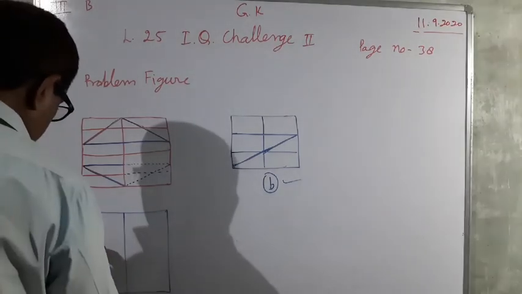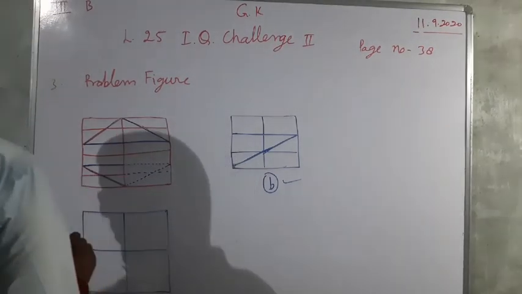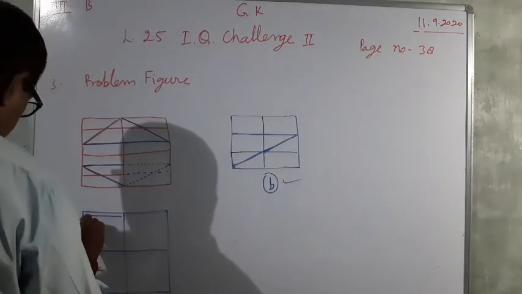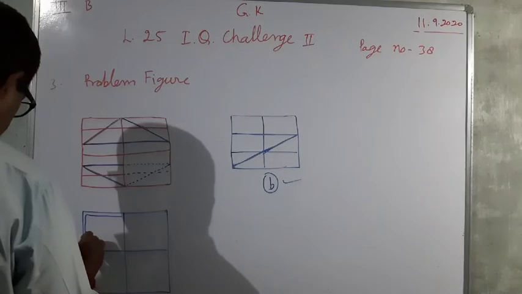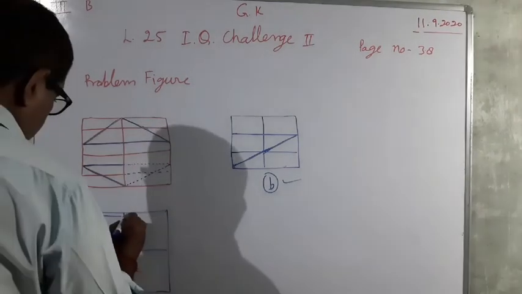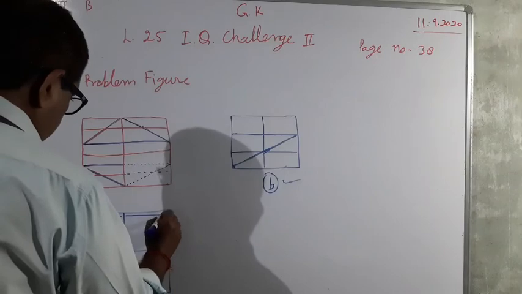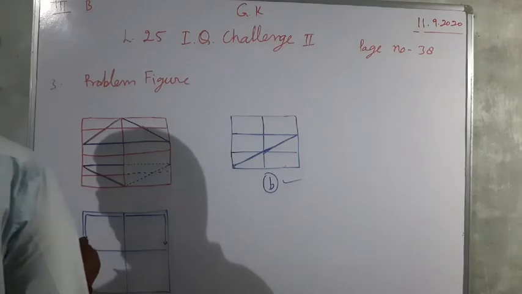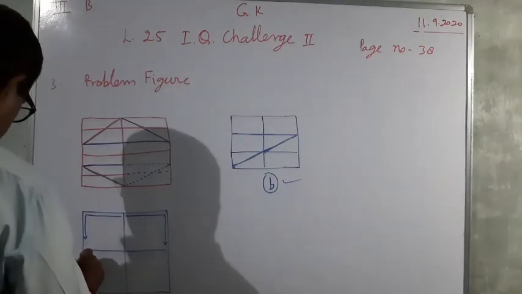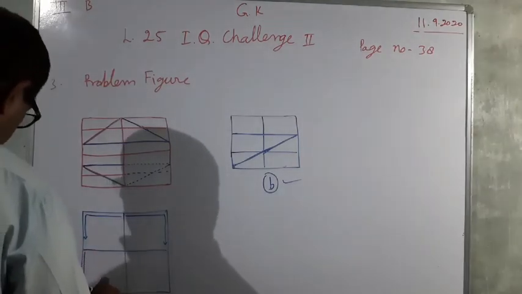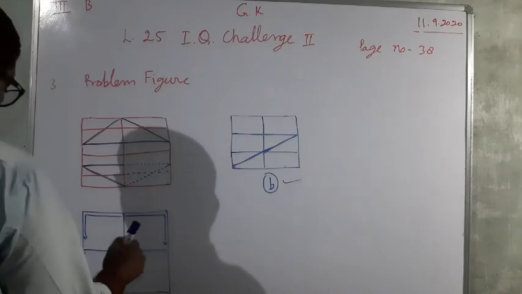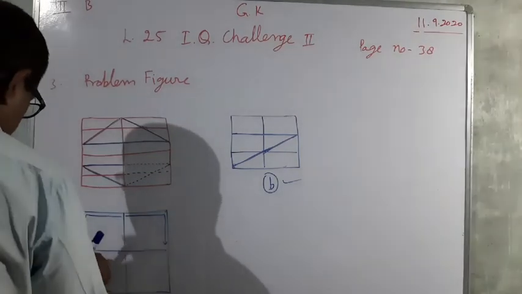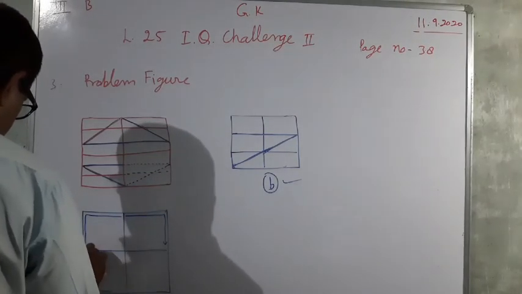It is divided into 4 parts, and here a straight line and the arrow in this direction, and here also a straight line that connects the arrow in this direction, and here also, and the arrow which is in this direction into this direction.